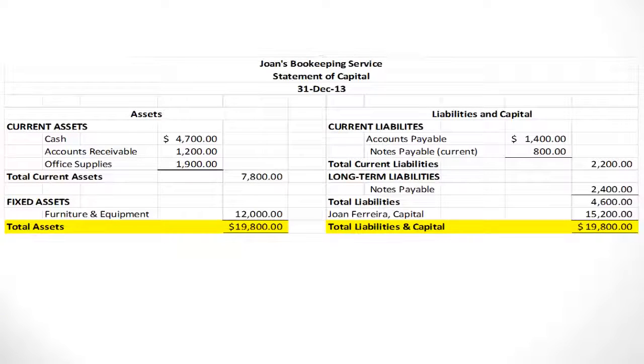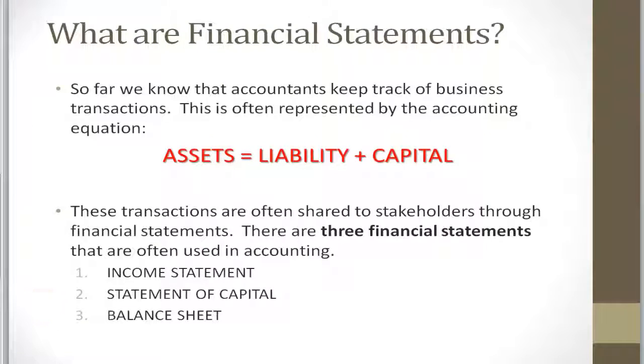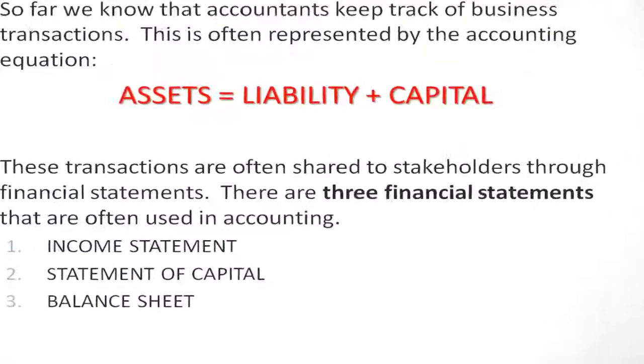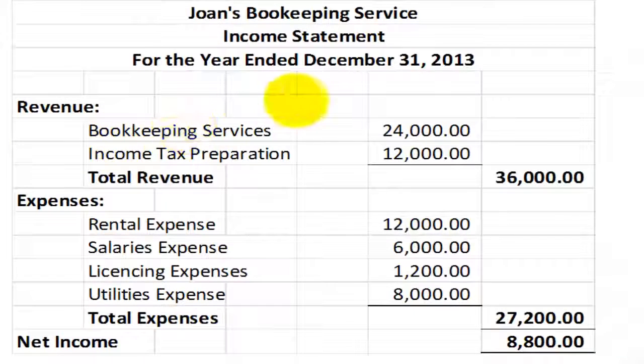We have 3 main reports that businesses often use to provide information on how the business is doing at a specific point in time. These are the income statement, the statement of capital, and the balance sheet. The income statement usually shows the net income or net loss for a period of time.